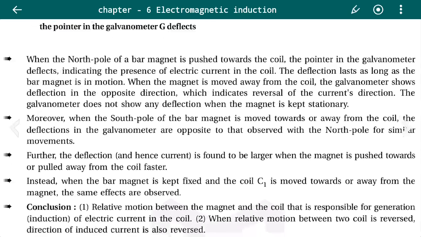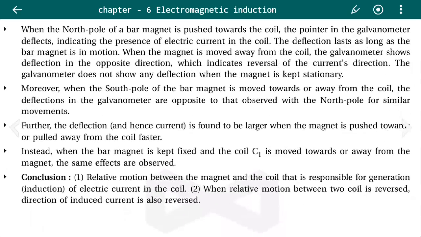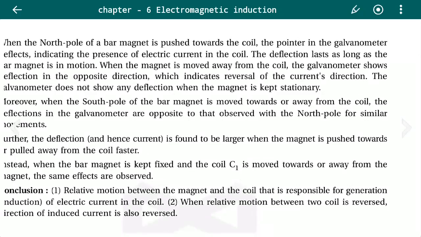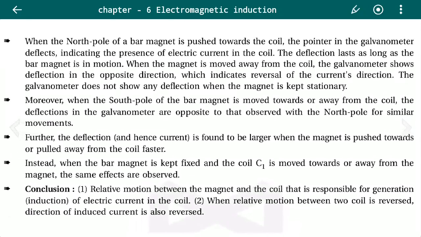Moreover, when the south pole of the bar magnet is moved towards or away from the coil, the deflections in the galvanometer are opposite to that observed with the north pole for similar movements. Now the same experiment is done, but in this case the south pole is facing the coil C1, and when the same experiments were performed, the results are the same, but now the direction of the deflection is reversed.